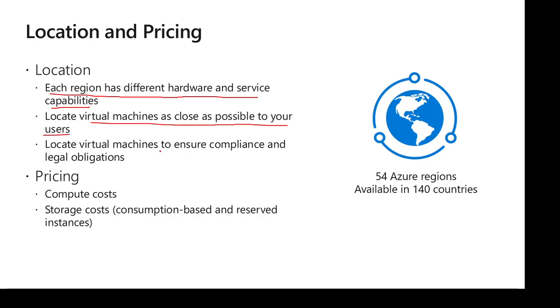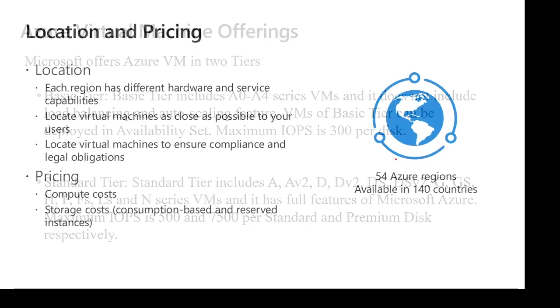Virtual machines should comply with compliance and legal obligations. That needs to be considered when choosing our locations. Then finally we need to consider pricing. The cost of compute power will differ by location, and storage consumption will vary. We now have 60 plus locations available where we can deploy Azure resources.